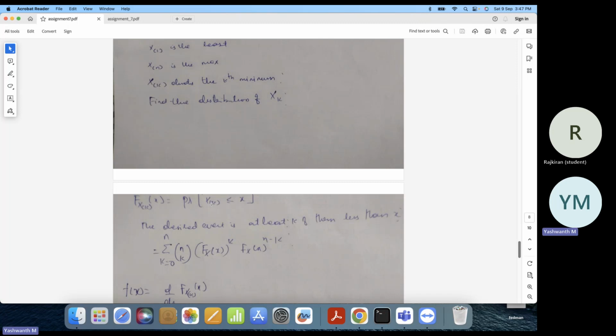Since X subscript k is defined to be the kth minimum, if the kth minimum is less than some value x, definitely k of them will be less than x. So the desired event is that at least k of them are less than x.